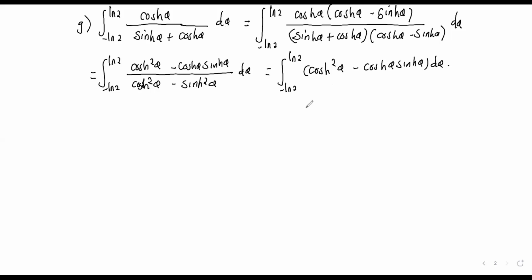So we have this, and then that we're going to use. How did we get to the cos squared theta minus cos sine d theta?